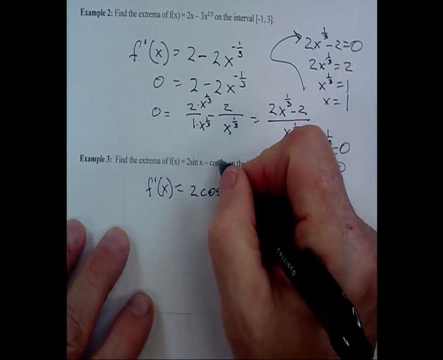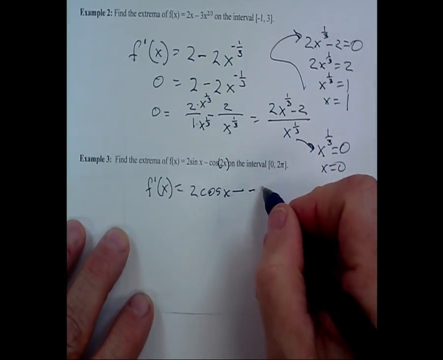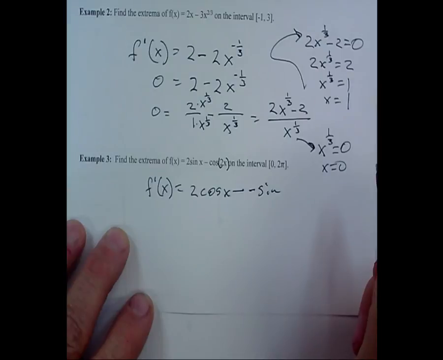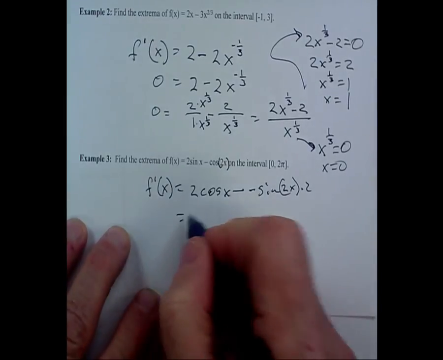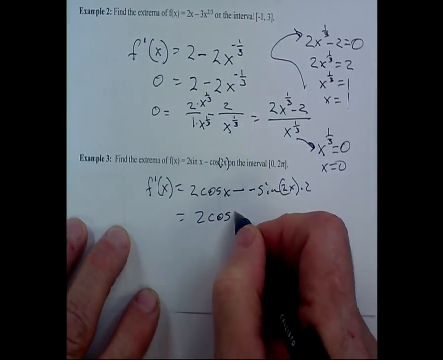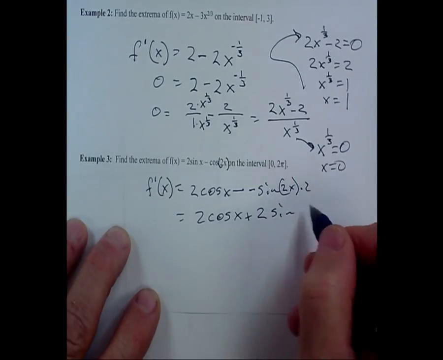Give you a hint, I'm going to put parentheses around that. What? Negative sine 2x times 2. Perfect. Which gives me 2 cosine x plus 2 sine of 2x.